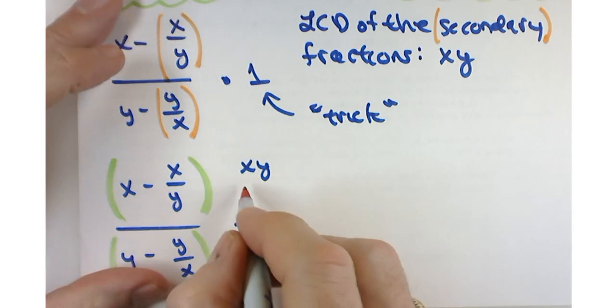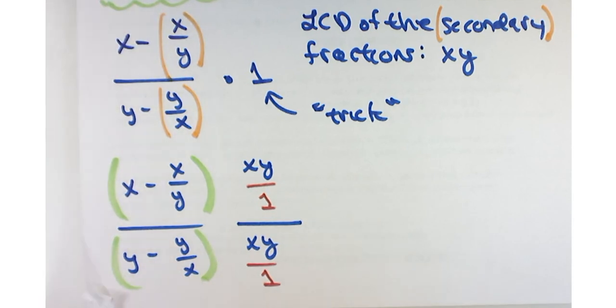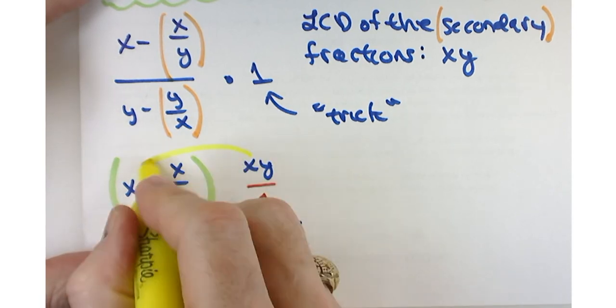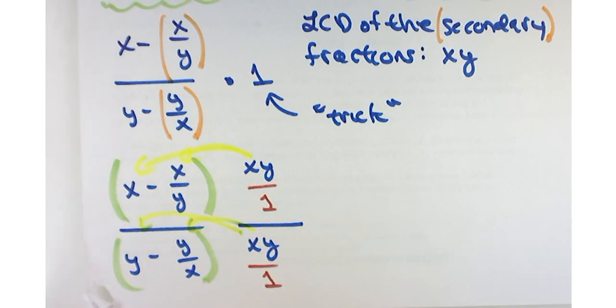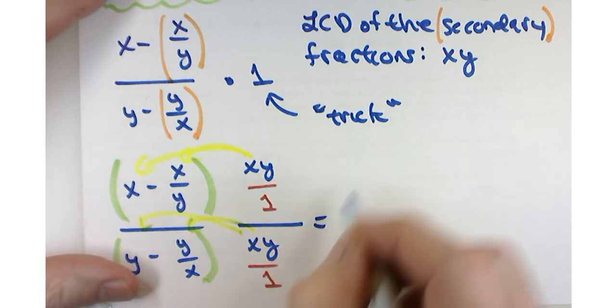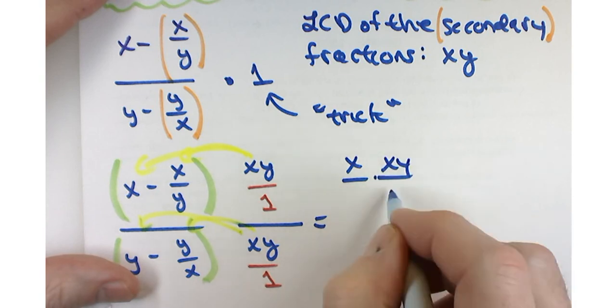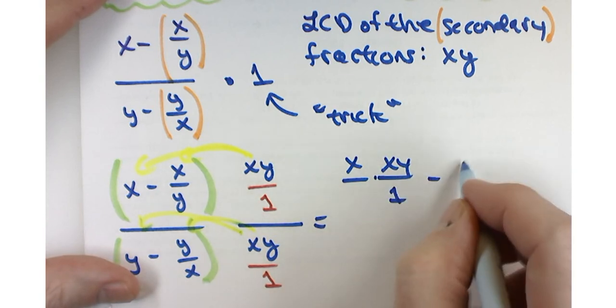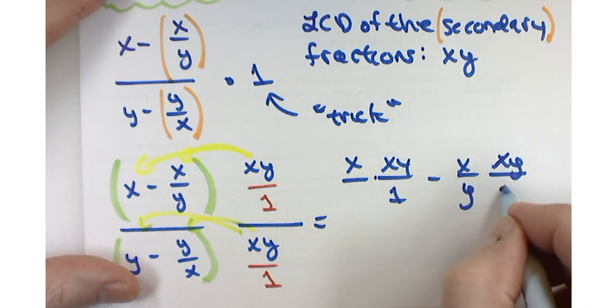But in order to get the cancellation simplification that I want, I need to distribute that term to both of these terms. So that needs to multiply here, and this needs to multiply here and here. And here's what that's all going to look like. It's going to look like x times xy over 1 minus x over y times xy over 1.